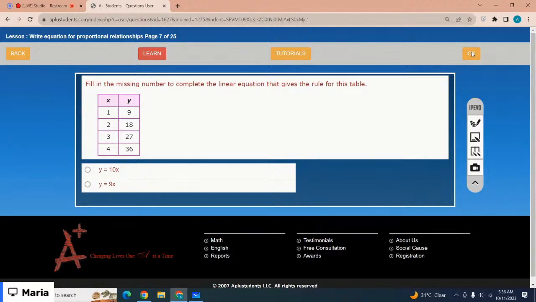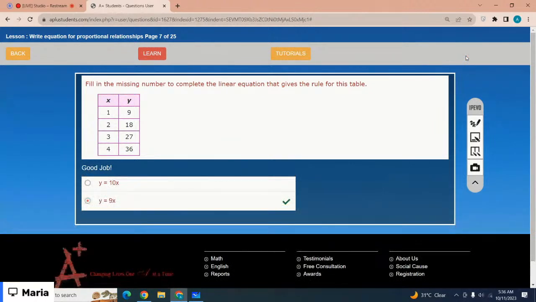The correct option is y equals 9x, right? Very good.